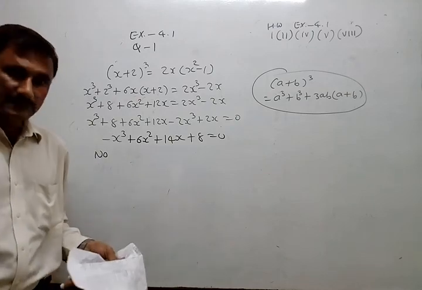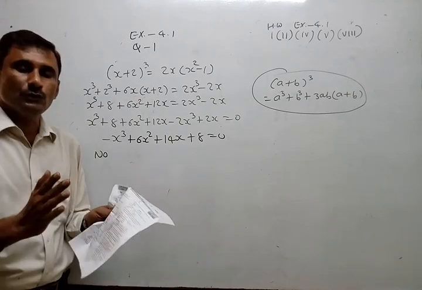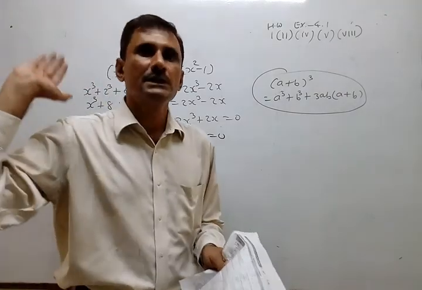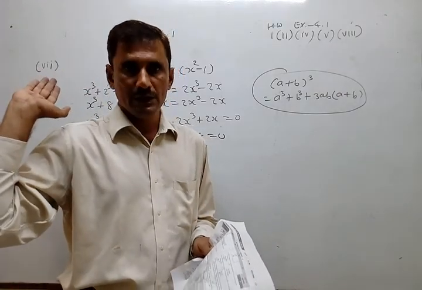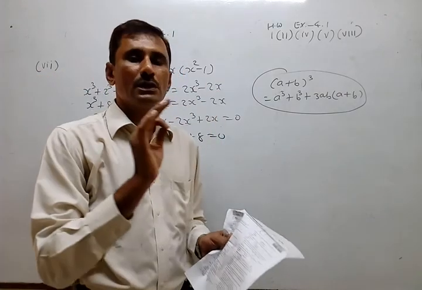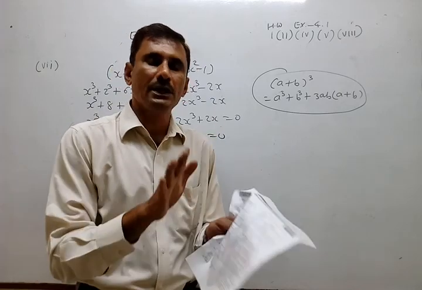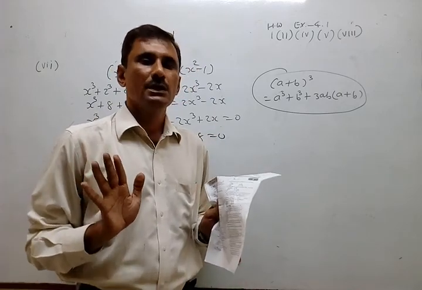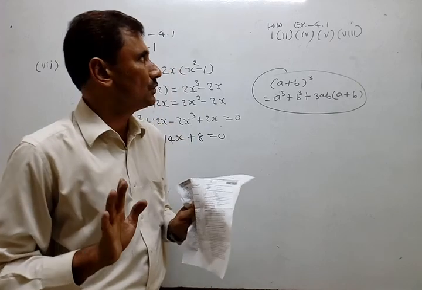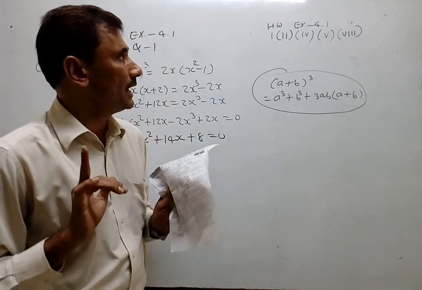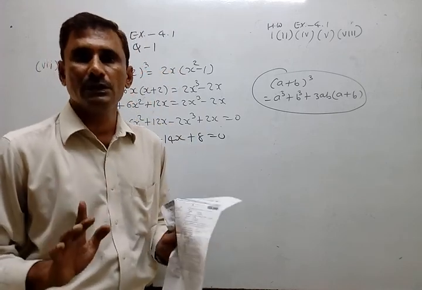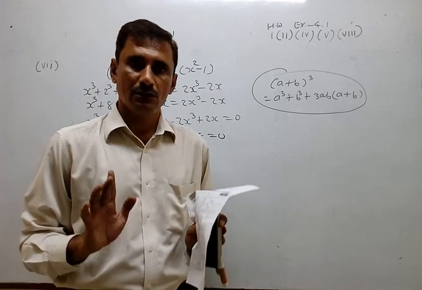And I have given 6 very small sums from the MCQ portion also. Okay, so 6 plus 4, total 10 sums. All 10 are very short. Okay, so you have to solve all 10 sums today as homework, clearly calculated. Okay, thank you.